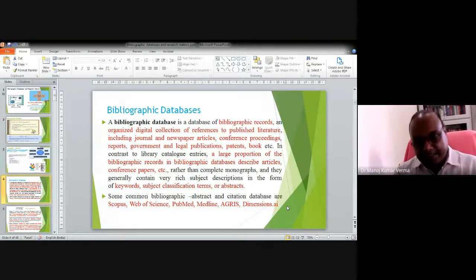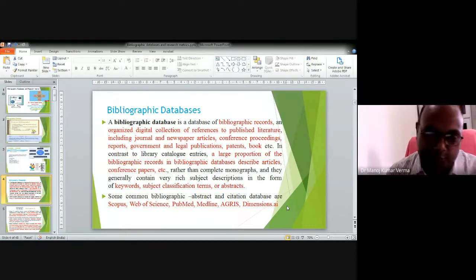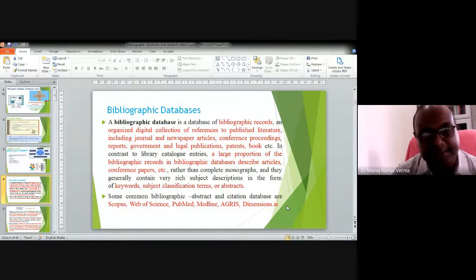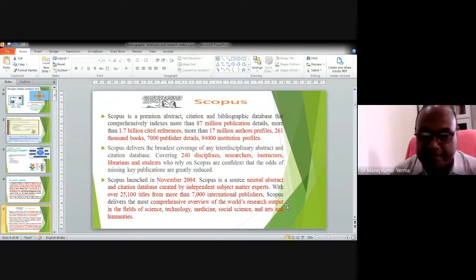They list the different sources and types of literature in their database, and any user who has access to these databases can search and find the information they need. The first database is Scopus.